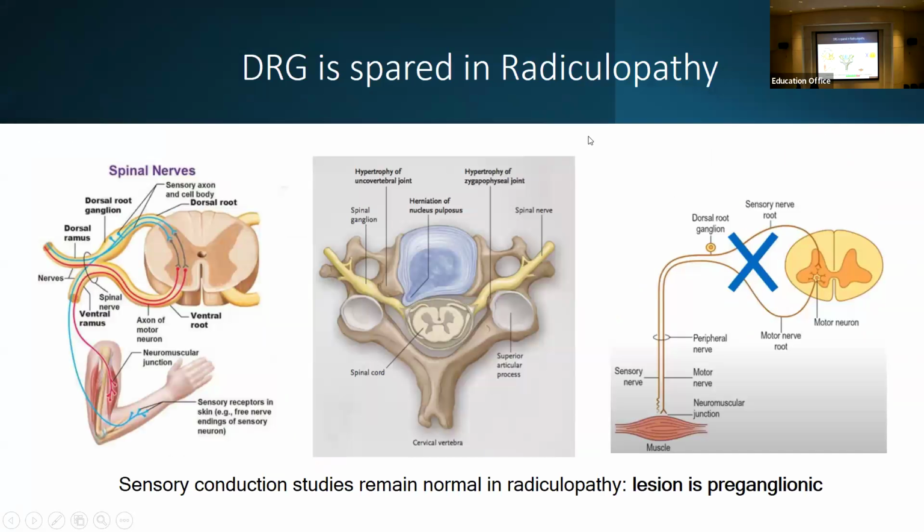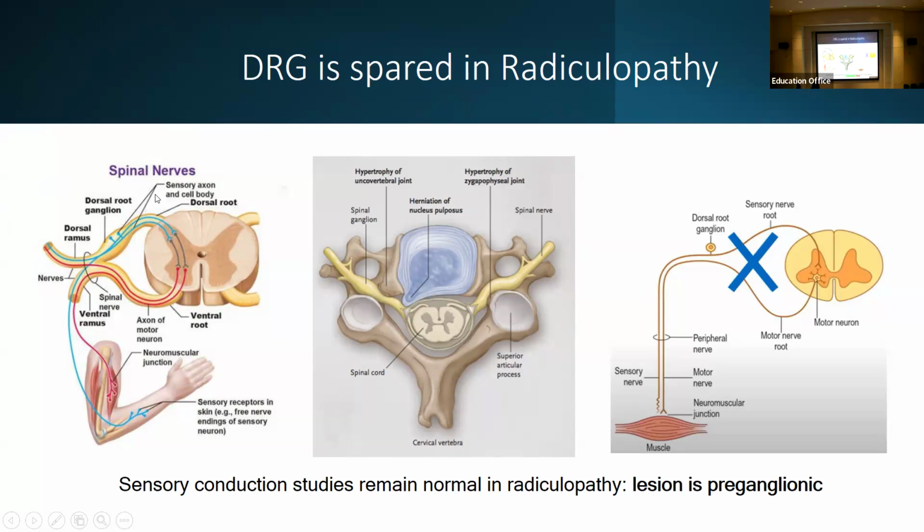And I would like to look in a little more detail close to the spinal cord. As you can see here, this is a ventral root, basically carrying motor information, and its motor neurons are located in the anterior horn of the spinal cord. And this is a dorsal root, which carries sensory information traveling from the periphery to the spinal cord.